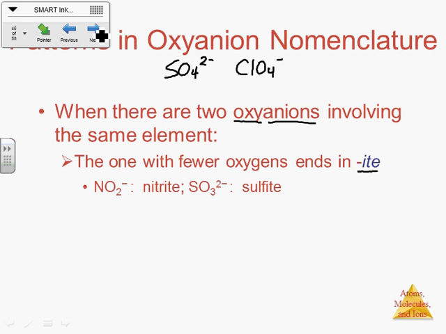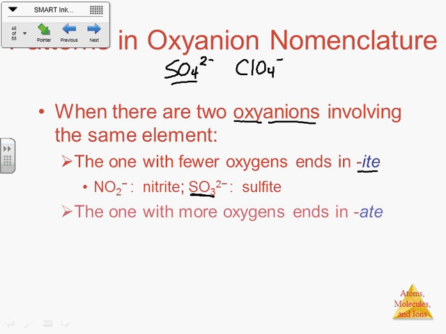That makes the NO2- the nitrite. And then you have to know that SO4 2- is the most common form of sulfur and oxygen combined. So that's going to be the sulfate. And then when you have one less oxygen than that, it's sulfite. Okay? The one with the more oxygens ends in ATE, and that's just when there are two oxyanions, okay? Two only.